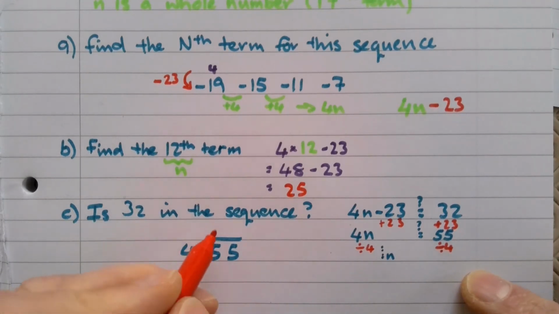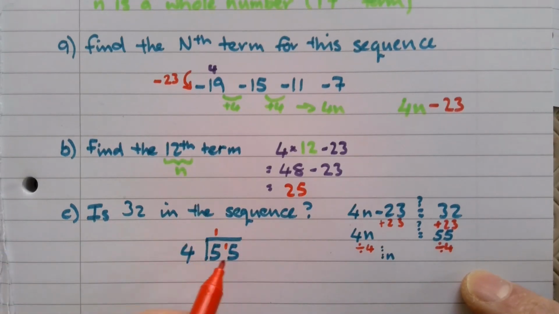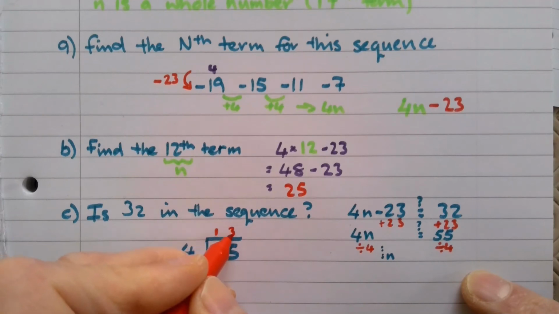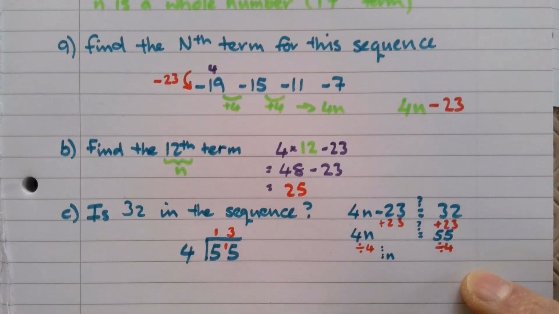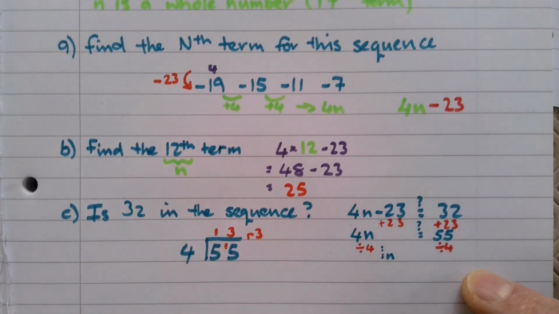So 4's into 5, that's 1 with 1 spare. 4's into 15 is going to be 3, so 4 times 3 would be 12. If I count on 12, 13, 14, 15, I've got a remainder of 3, haven't I? So it's not a whole number. I mean, I could go into the decimals, but we don't really need to.